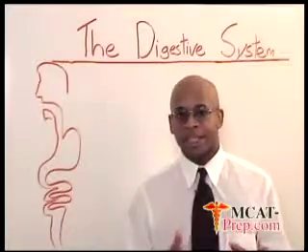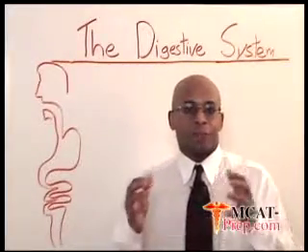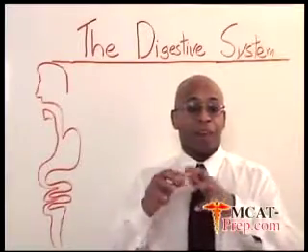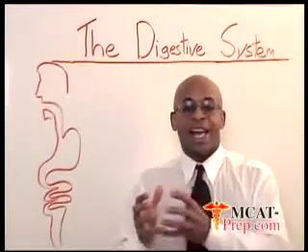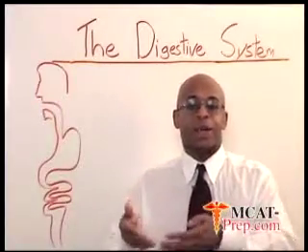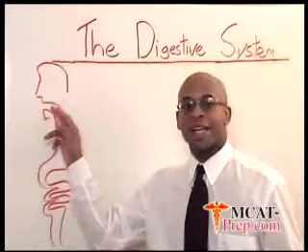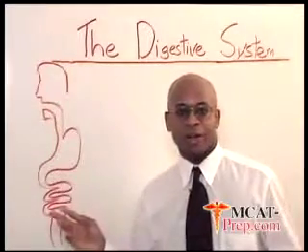So that's the beginning of digestion. Then this food particle is called a bolus, and it is placed at the back of the mouth as the tongue rolls it towards the back, into the pharynx, and down the esophagus.